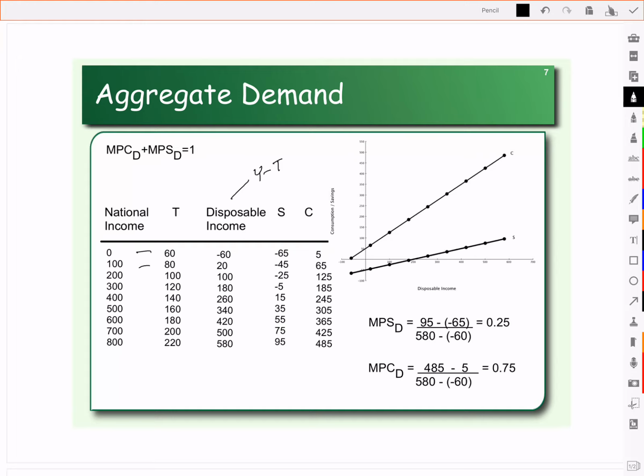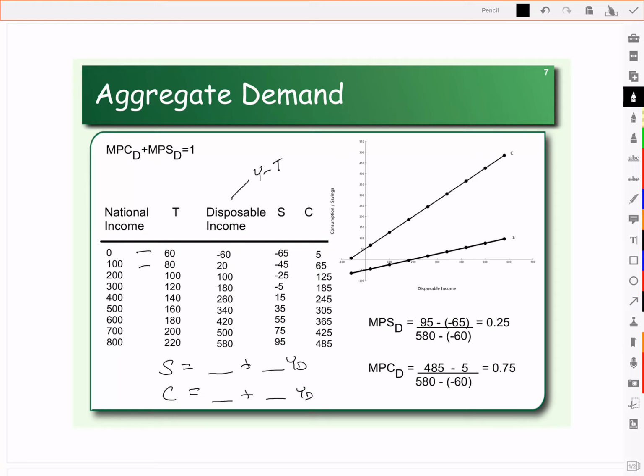Well, we can actually determine a formula for savings and a formula for consumption that depend on disposable income as opposed to national income. So to do that, we need to look at how the savings and consumption changes relative to a change in disposable income.